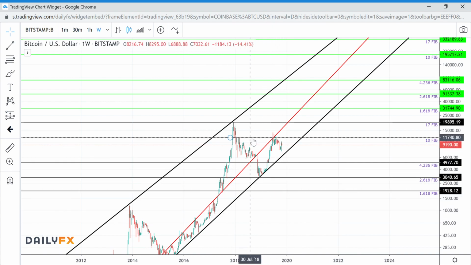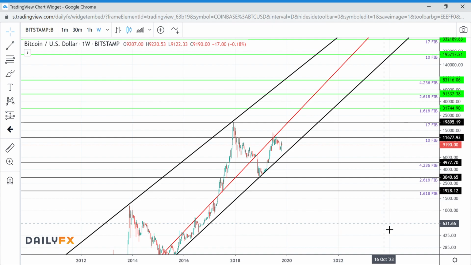And then this 10 Fibonacci level, this is right at $11,500, which was actually a huge point of support and resistance, and not only this last bull market, but this current one as well, right?